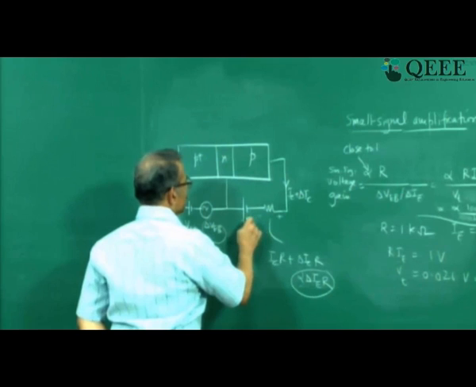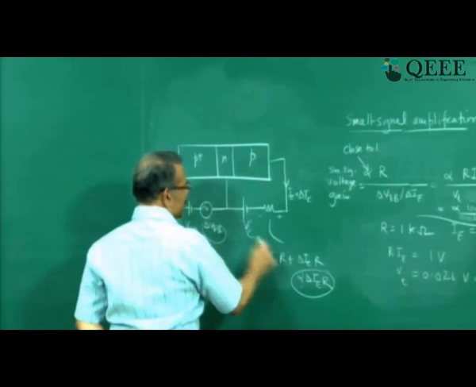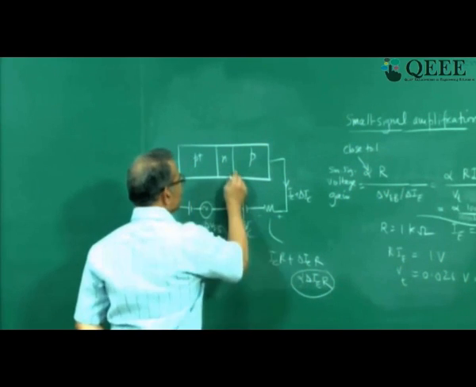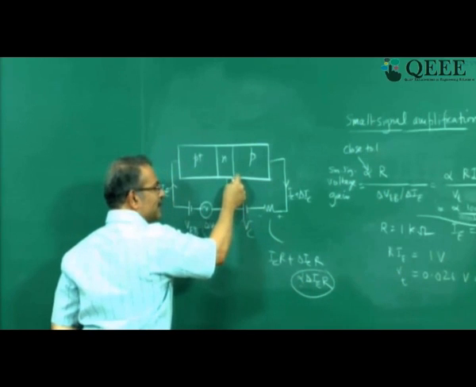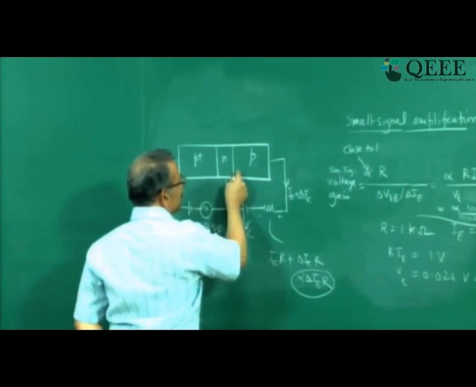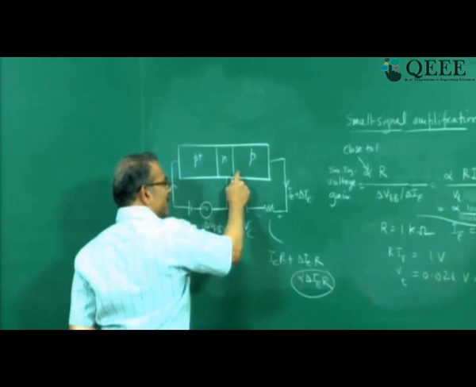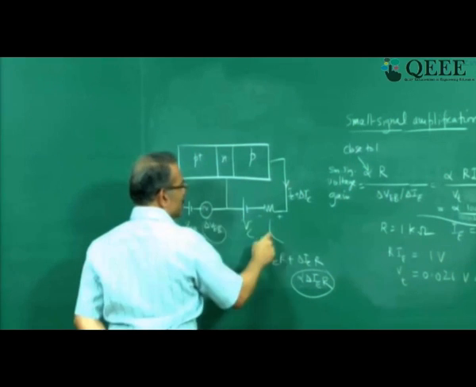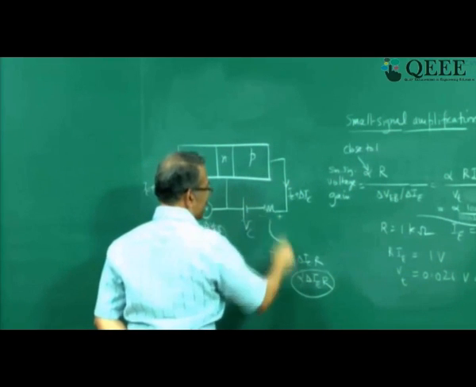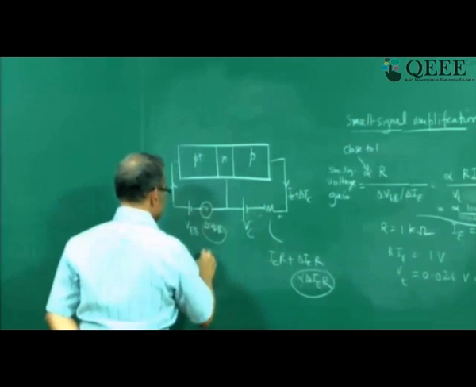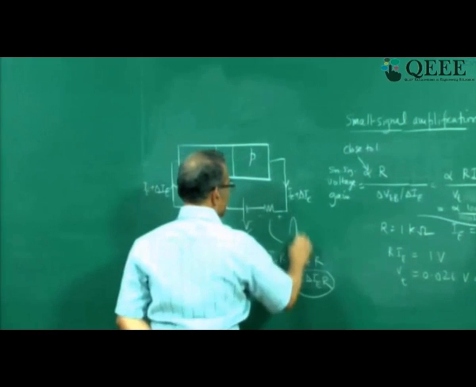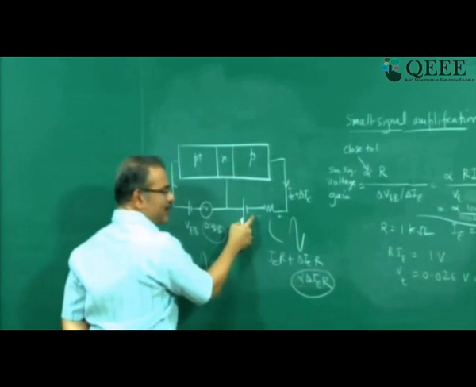And why is this power supply required? I will get this voltage amplification only if this is a zero bias junction. If it becomes forward biased, then the collector current is destroyed. But I cannot ensure constant zero bias all the time because this voltage is varying, right? This voltage varies like this, but this is a constant voltage.